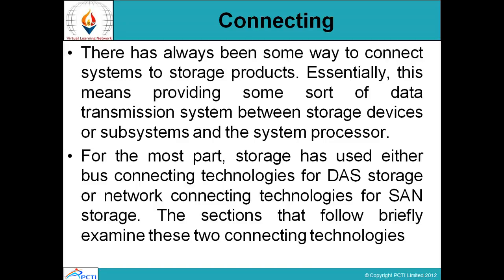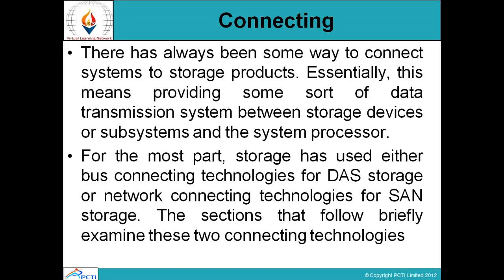Sometimes there is a small computer system interface, a bus that has been used for decades to connect storage and other peripherals such as the scanner and printer on the computer system. Another common bus, of more advanced technology, has been used over the last decade as a way to connect desktop and laptop storage of personal computer systems.